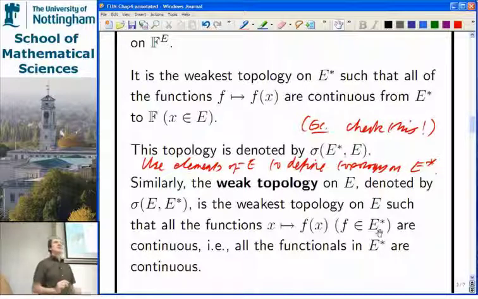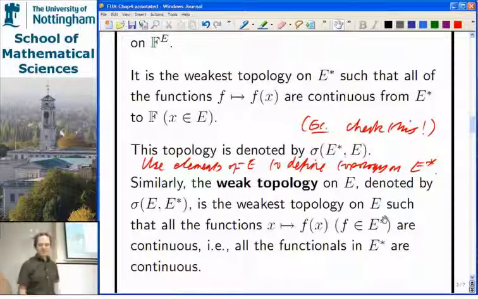Remember, E star is defined to be those linear functionals which are continuous when you use the norm topology on E. But there may be many other topologies on E you could use that still make those functionals continuous. So amongst all the topologies you can have on E that make the things in E star continuous, well, the norm topology is one, but it's usually not the weakest one.